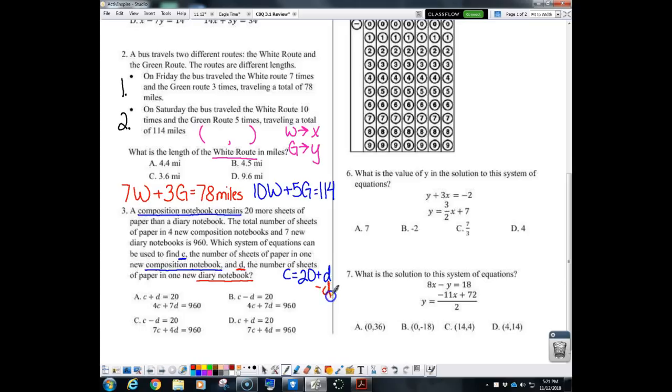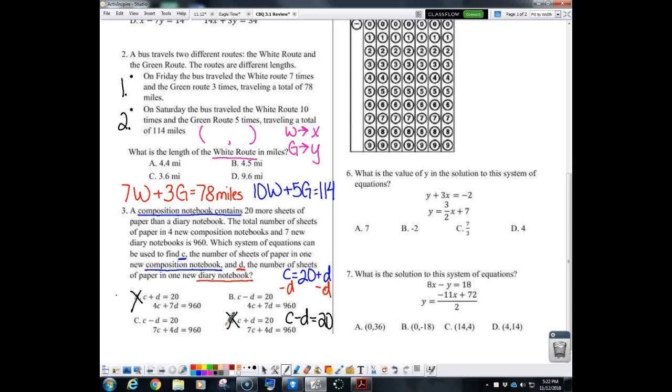So if you subtract D from both sides, you end up with C minus D equals 20, right? So A is eliminated because that has the C plus D, so that's incorrect, and so is D. So all that's left is B and C.